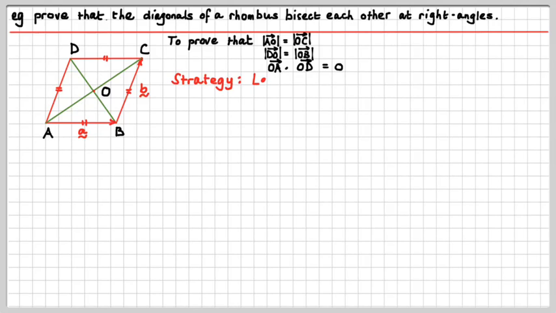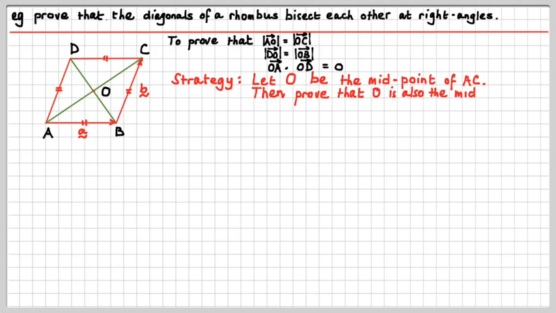Okay, so what's my strategy going to be? This is a really great strategy for proving these kinds of things, when we're proving something's bisecting each other. I've learned the easy way to do this over the years. You make an assumption. You say, I'm going to let O be the midpoint of AC. Yes, Mr. O, you are, by my assumption, the midpoint of AC, or the other one, BD, it doesn't matter, but just one of them.